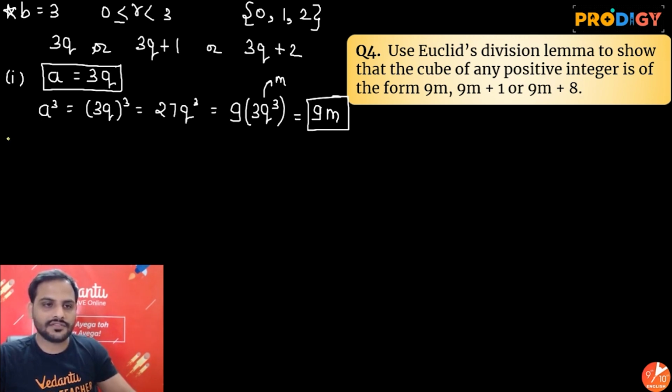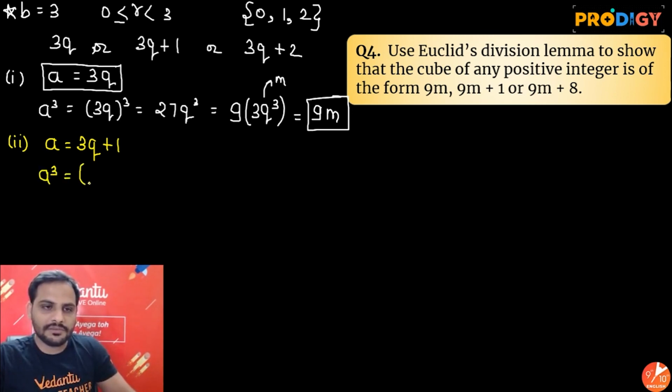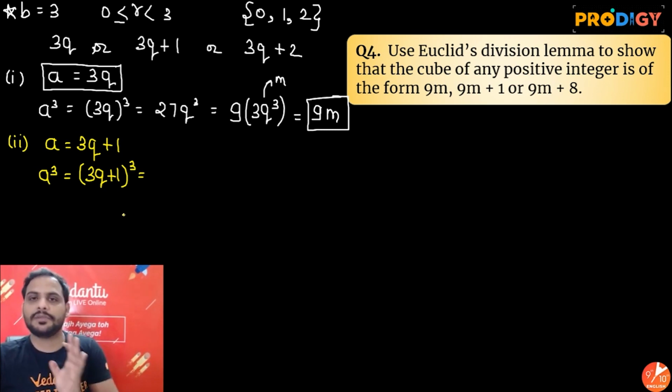Second, let's go. When the number is in the form of 3q plus 1, if I do the cube, it will be 3q plus 1 whole cube. A plus b whole cube will be a cube plus 3a square b plus 3ab square plus b cube.